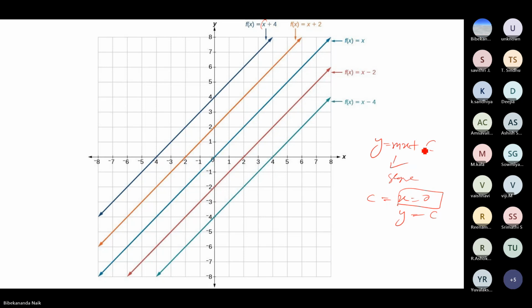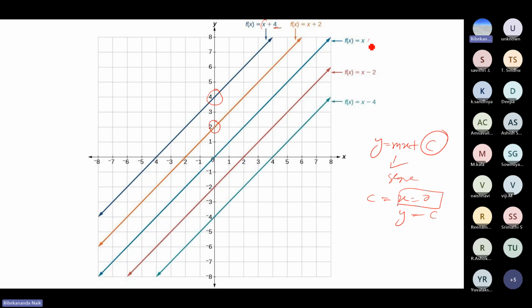So here the c is varying. In this case, as you can see, the y-intercept is 4 and the curve is intercepting the y-axis at 4. But for this curve, f(x) equal to x plus 2, the slope is the same. So these two curves are parallel. But since the intercept here is 2, it is intersecting the y-axis at 2.